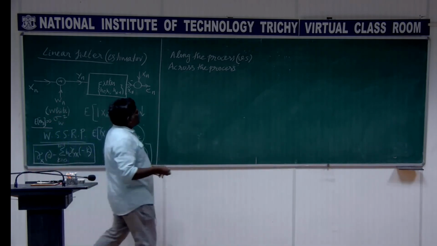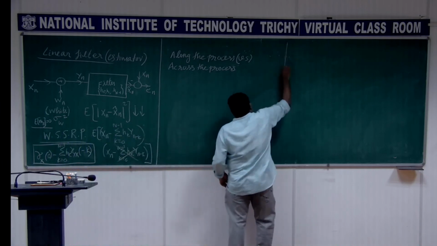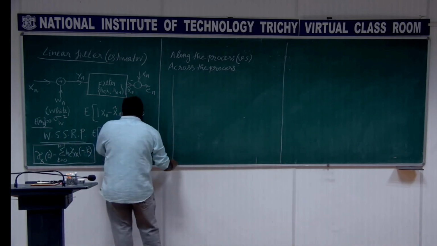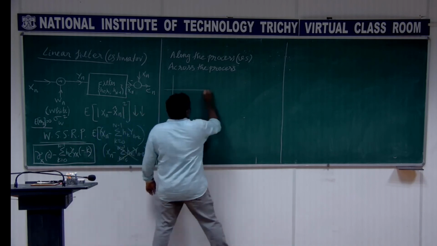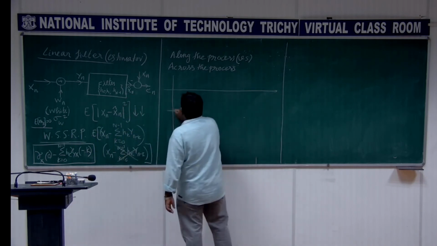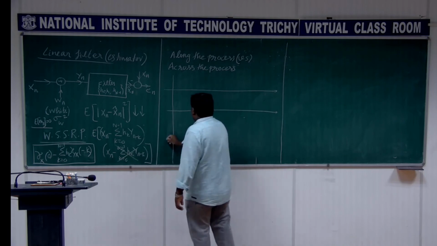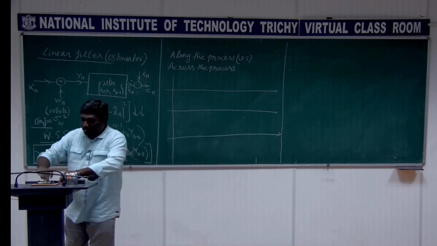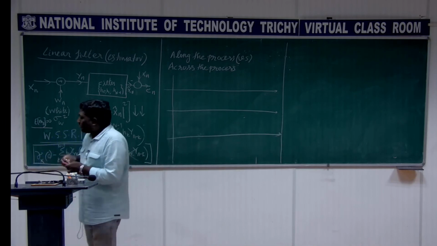Okay, so we have the outcome of the experiment mapped to a function of time, as we already know, right? So you have these different outcomes like this.